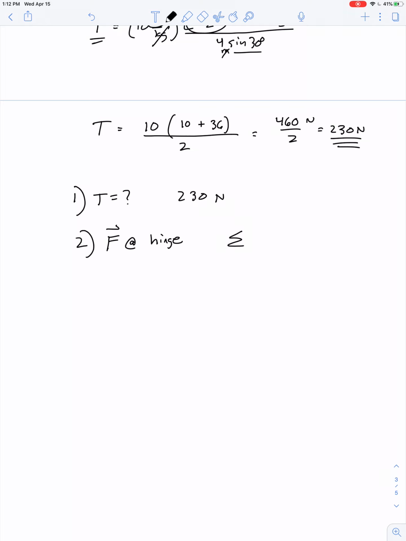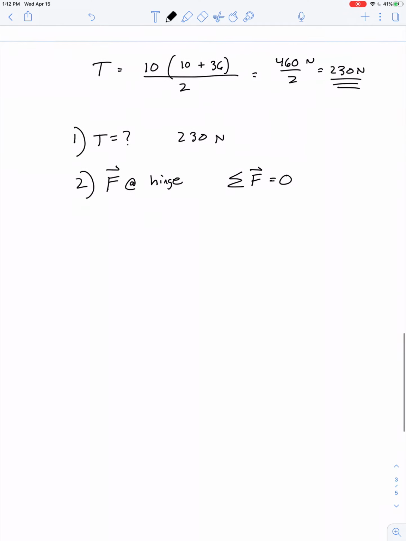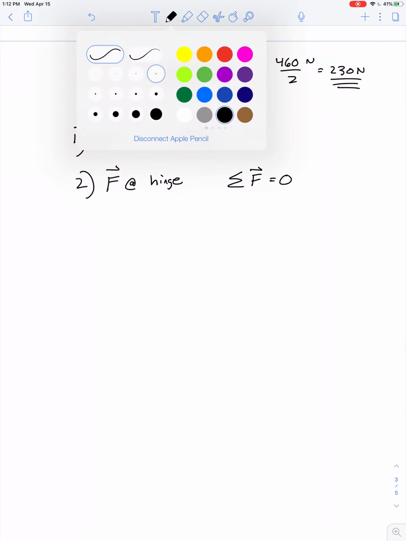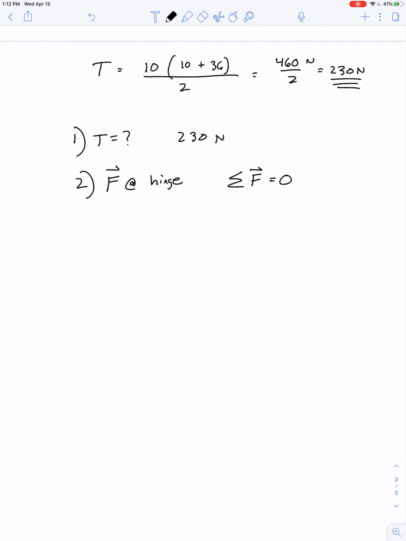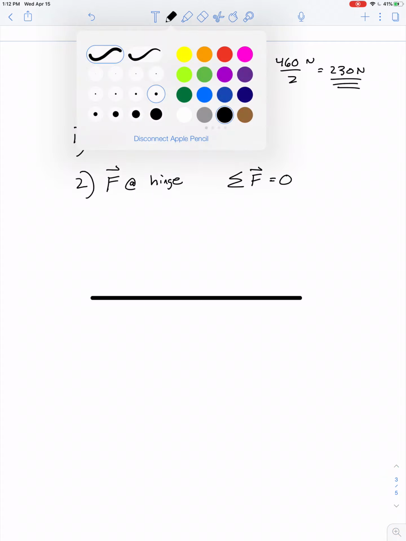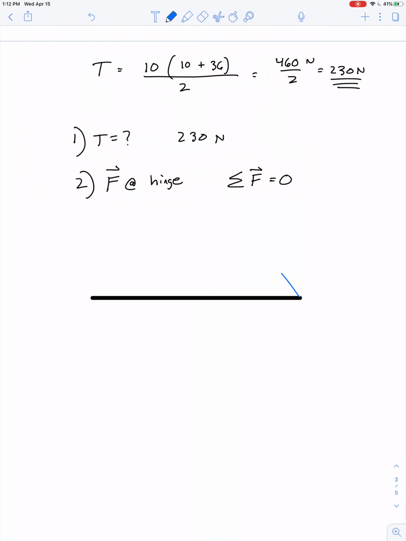So from that, we'll take the first condition for equilibrium. The sum of all force has to equal 0. So again, we draw a rigid body diagram. There's the beam. There's our tension vector, and then we have our 2 gravity vectors.